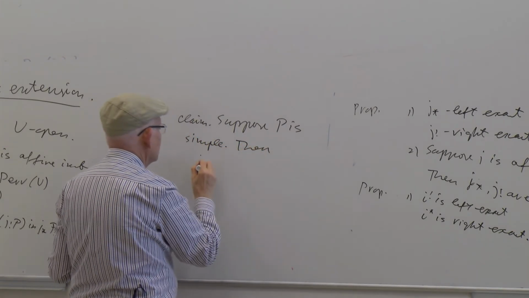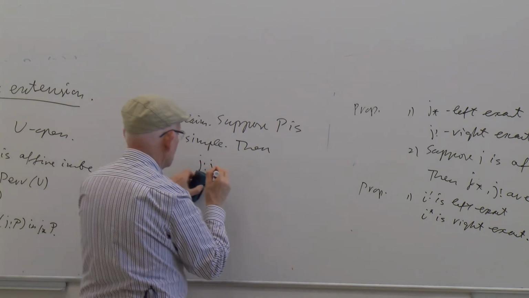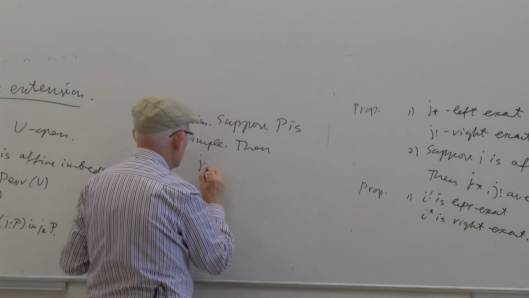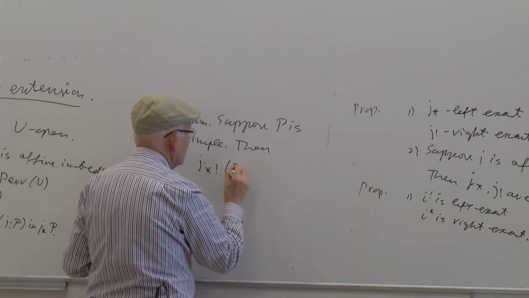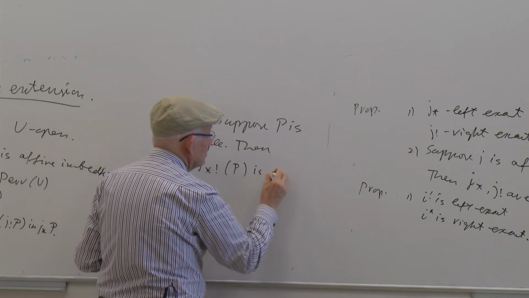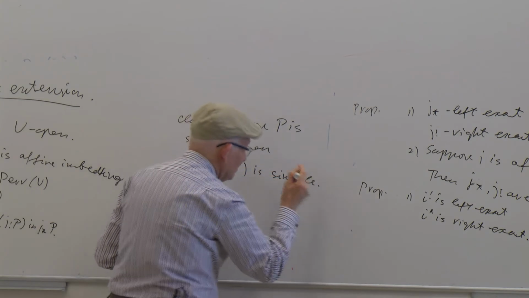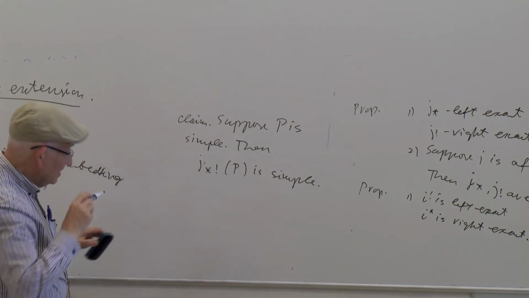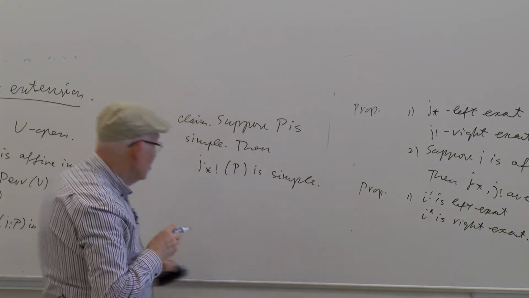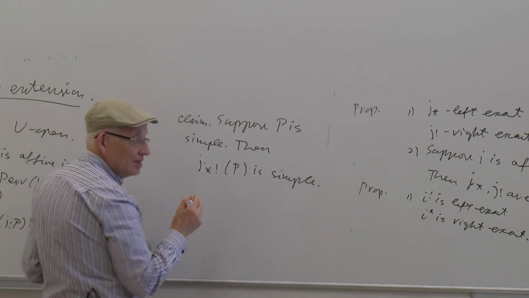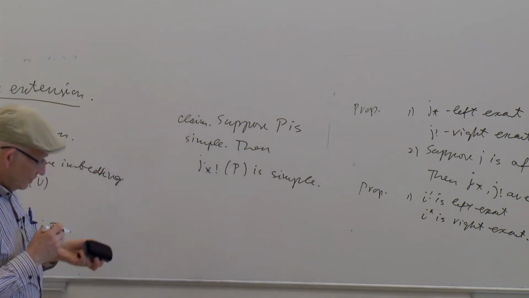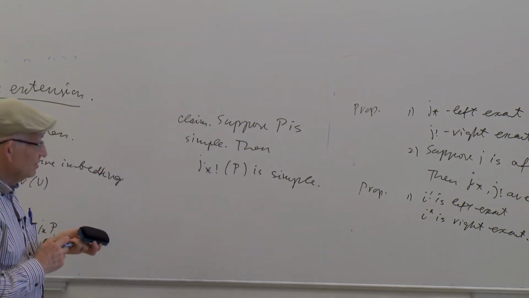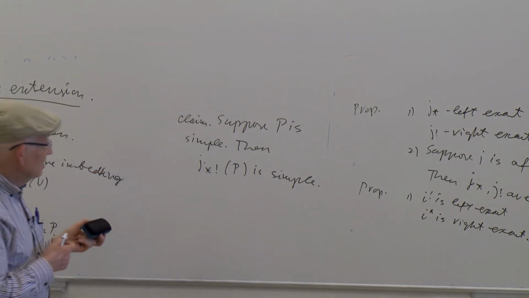Then j shriek star of P is also simple. Simple, irreducible, those are synonyms.